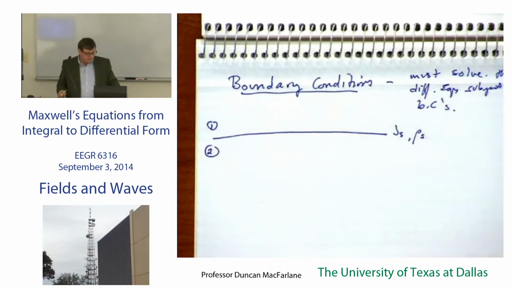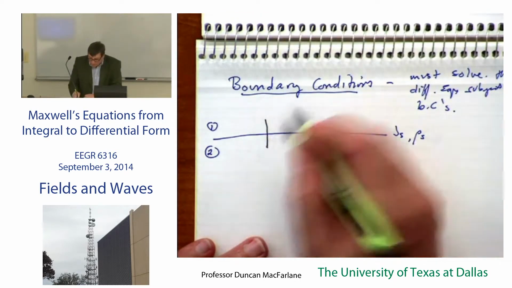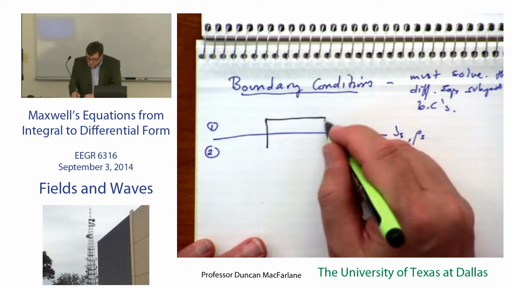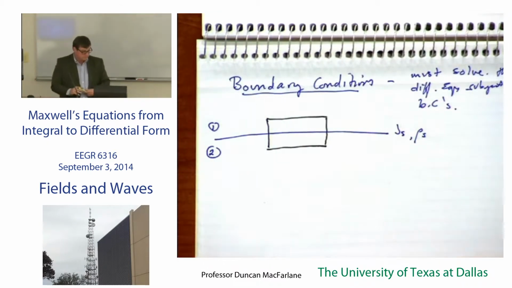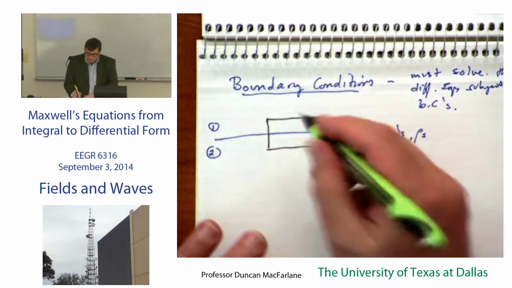And I have a material 1 and a material 2 in there. And what I'm going to do is drop a little construction across the boundary of that. And this is my little loop.